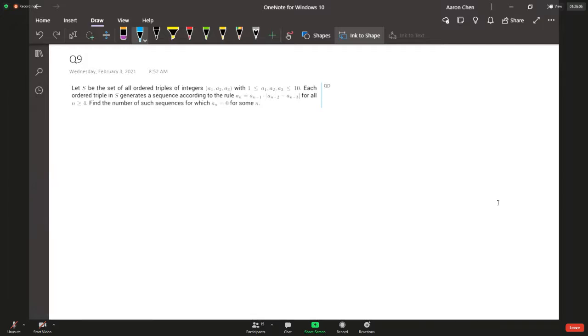So in order for an to equal 0, you either have that an minus 1 is also equal to 0, or an minus 2 is equal to an minus 3. So in order for it to be 0, it must fall under one of these two cases. If it's an minus 2, we can split it into another two cases, where an minus 2 is equal to 0, or an minus 3 is equal to an minus 4.